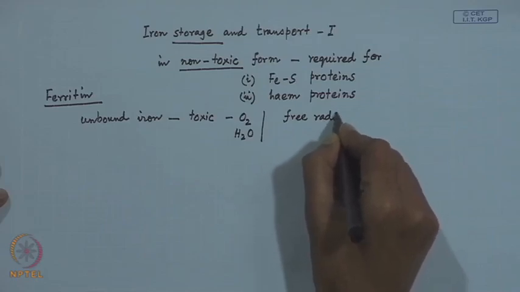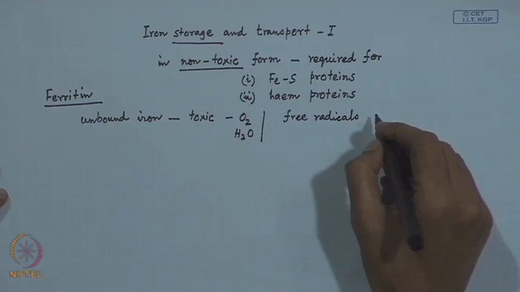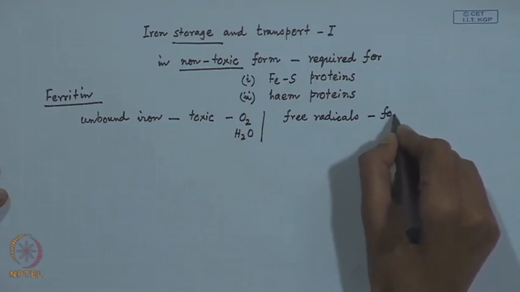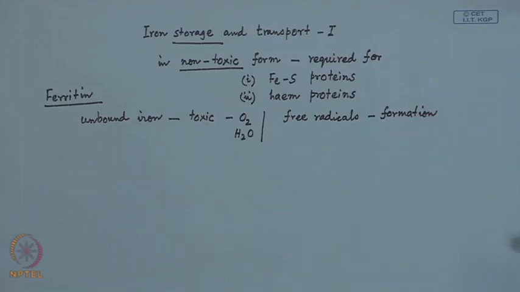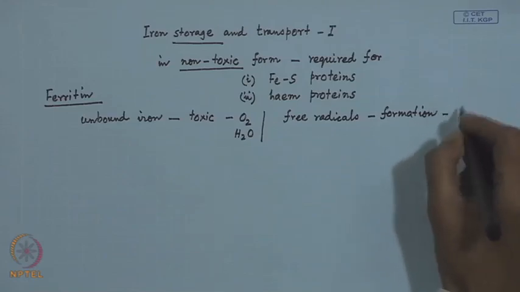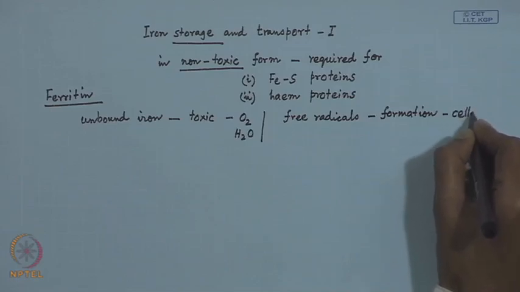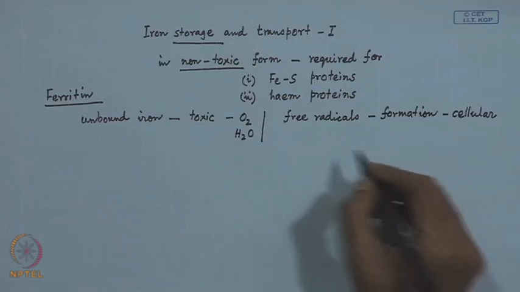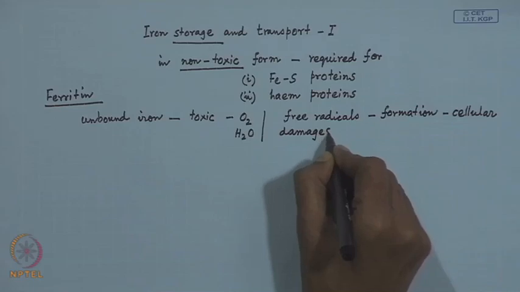So, we get different free radicals, and their formation is related to the accumulation of a large amount of iron in living organisms. These free radicals are responsible for different types of cellular damage.